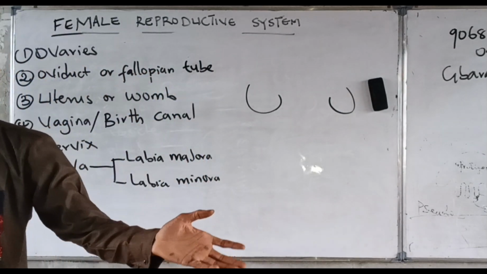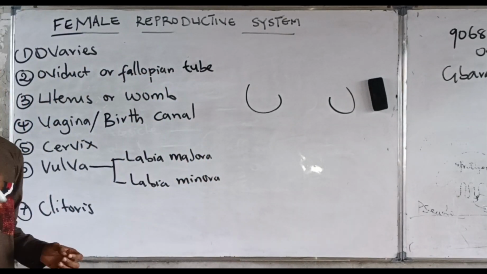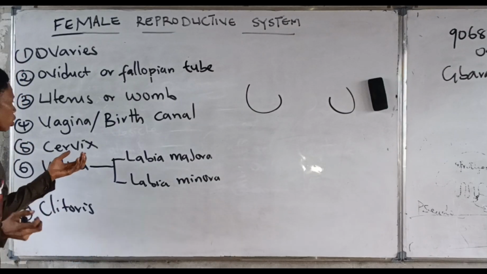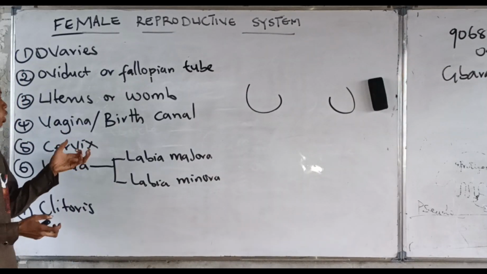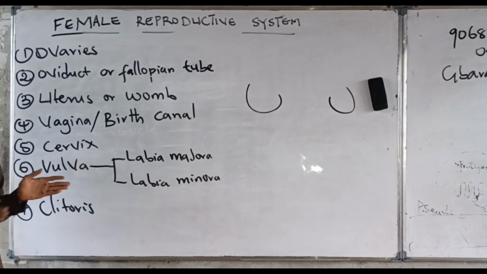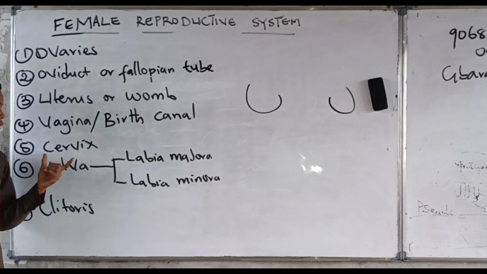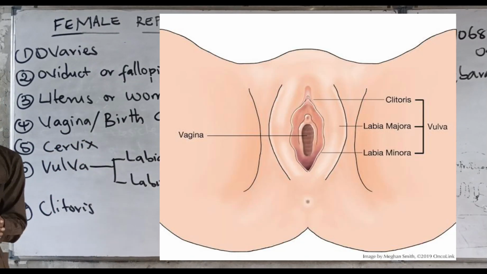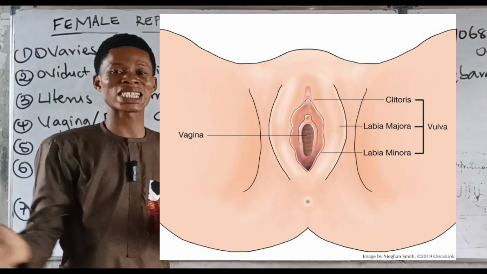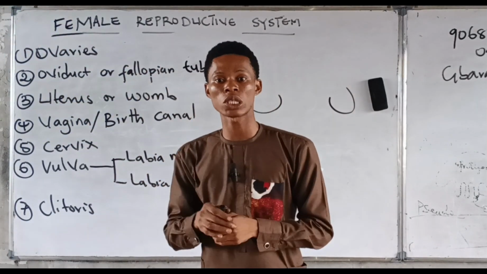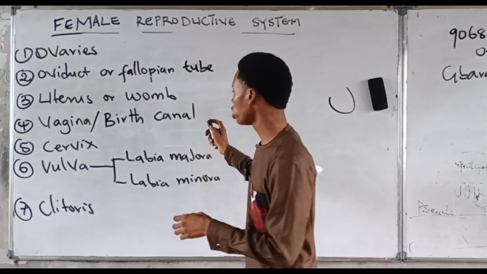It is a muscular ring structure that regulates the opening and the closing of the vagina, and that muscular structure is called the what? The cervix.